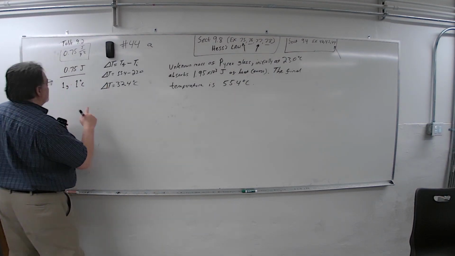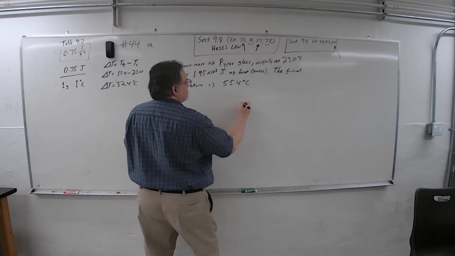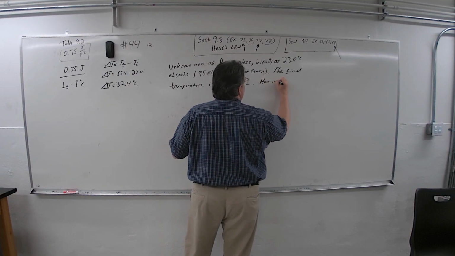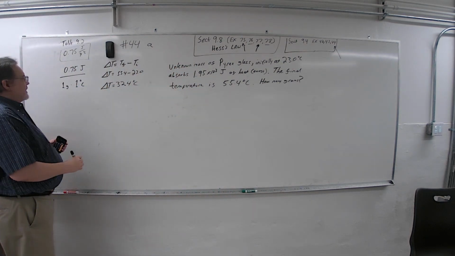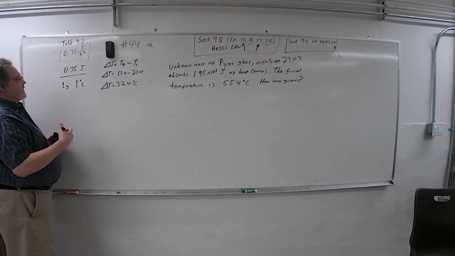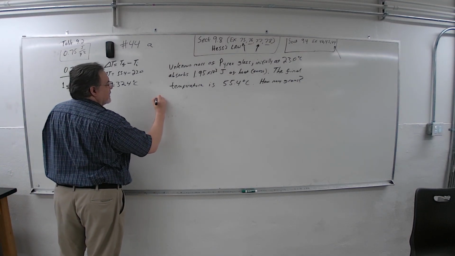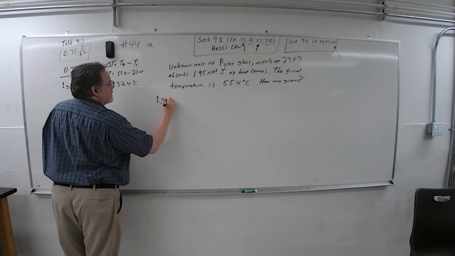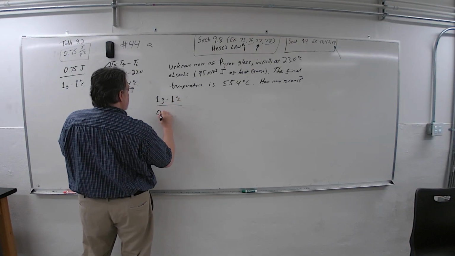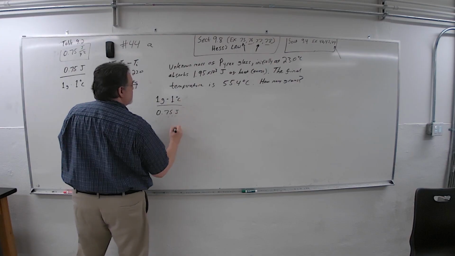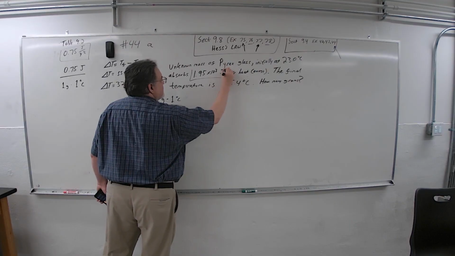End on grams. All right, since we need to end on grams, I know that I'm going to use this flipped over. That's what we're being asked for, how many grams. So I'll key on that first: 1 gram, 1 degree C over 0.75 joules. That puts joules on the bottom, so I'm going to take this, put it on top.